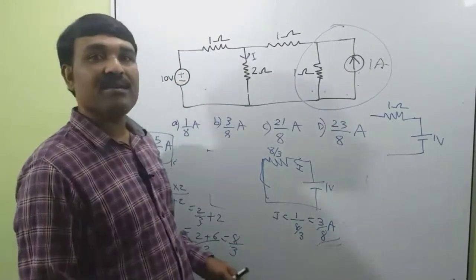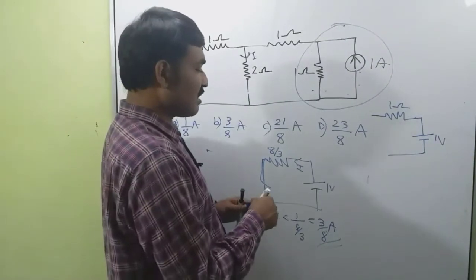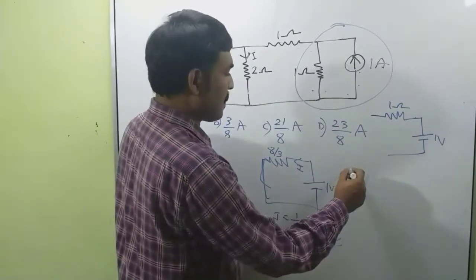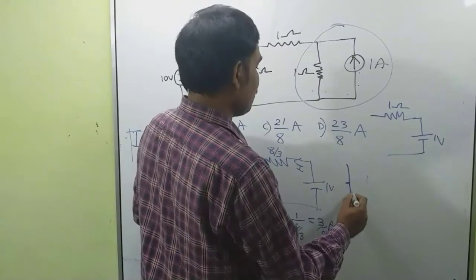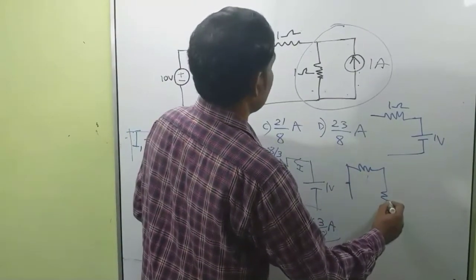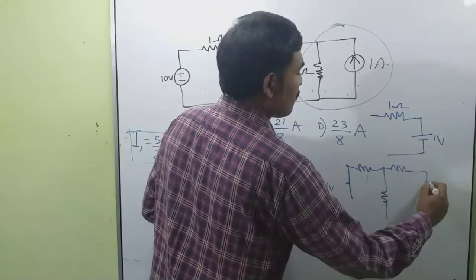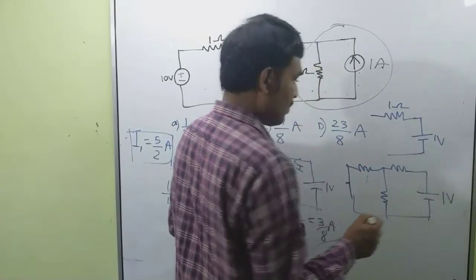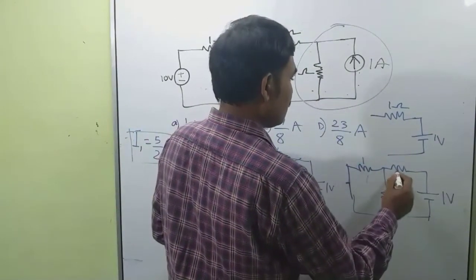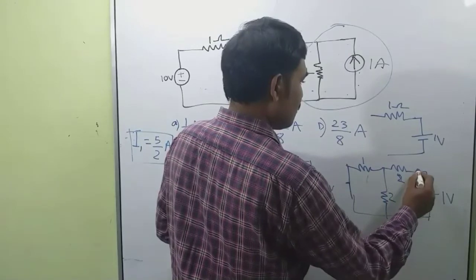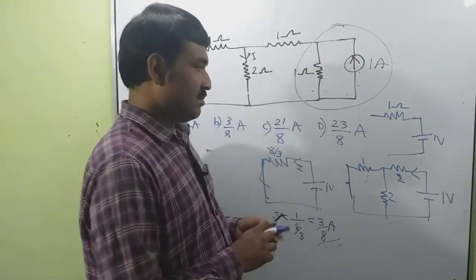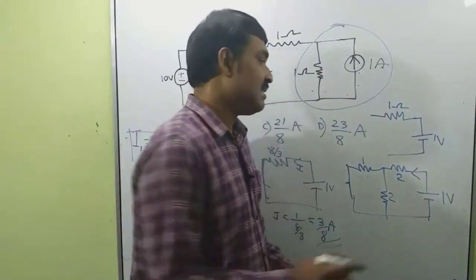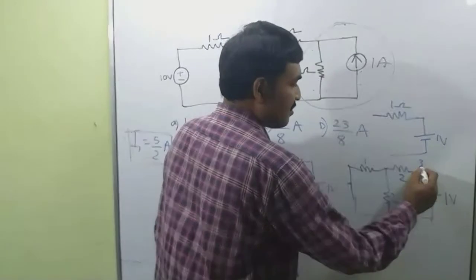Okay. Now we can use the current division rule for the circuit. So what is our circuit? When the 1 volt source alone is acting, this current is 3 by 8 amps.